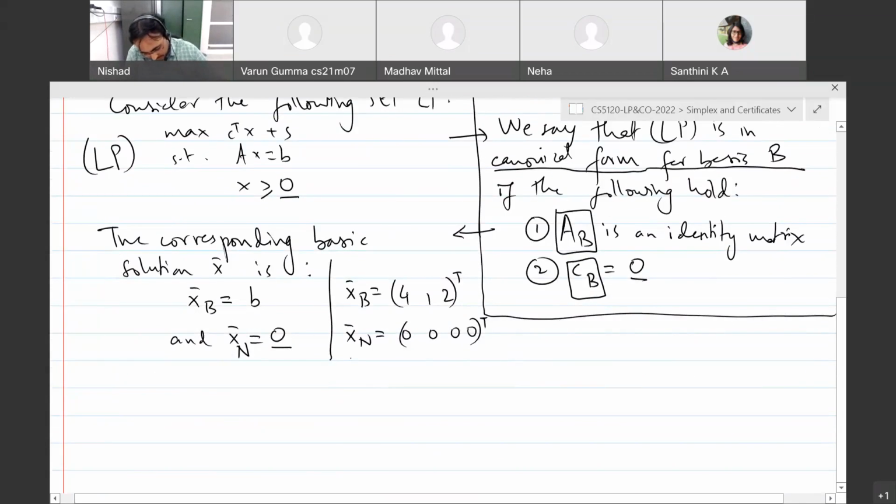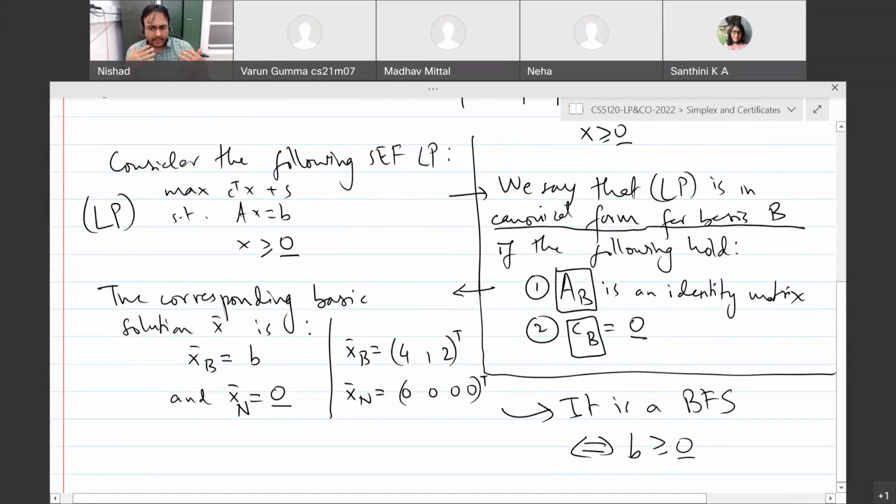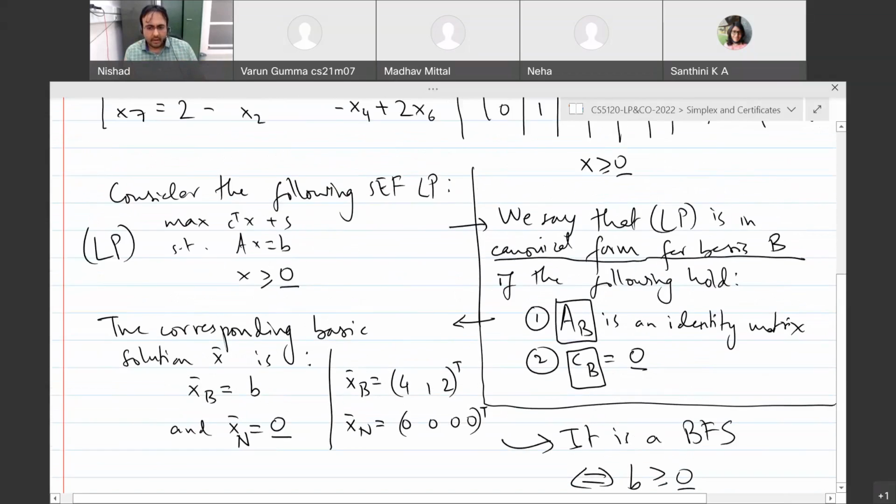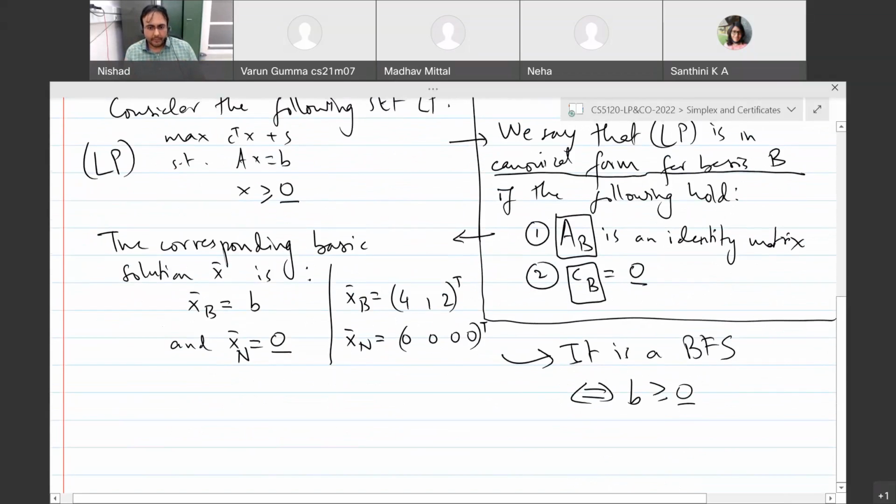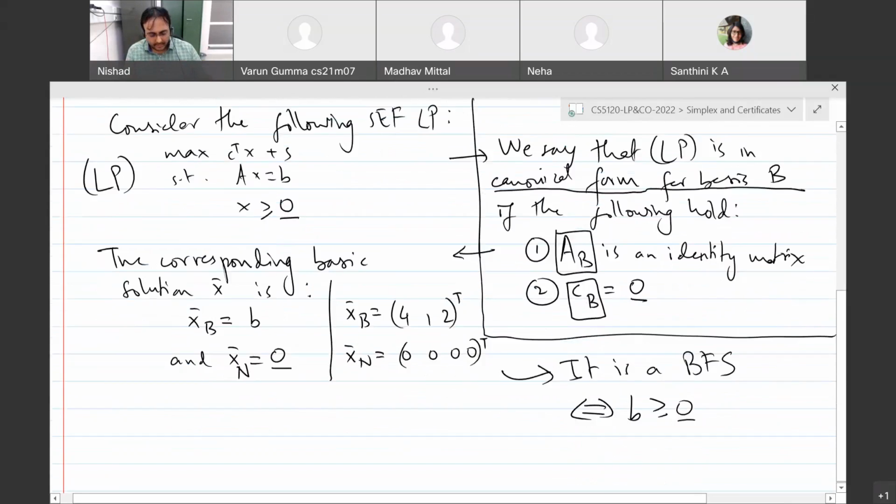And this is a basic feasible solution if and only if the right hand side is non-negative, right? So we are allowing in the definition the right hand side to be anything, and it will be a feasible basis if and only if the right hand side is non-negative.